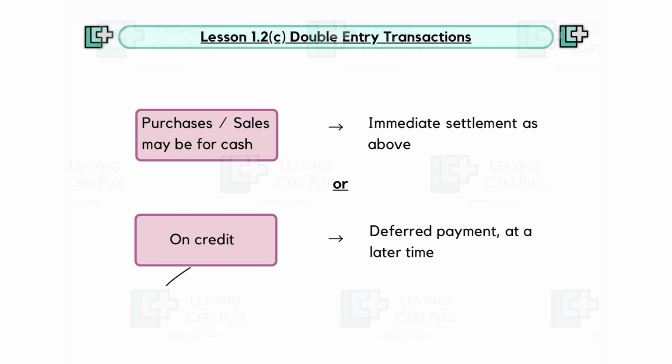You could have purchases on credit, and the purchases on credit were with creditors. You bought goods on credit from creditors. If there was credit sales, then you sold them to debtors on credit. And that was basically this deferred payment. But you can have cash sales and cash purchases.